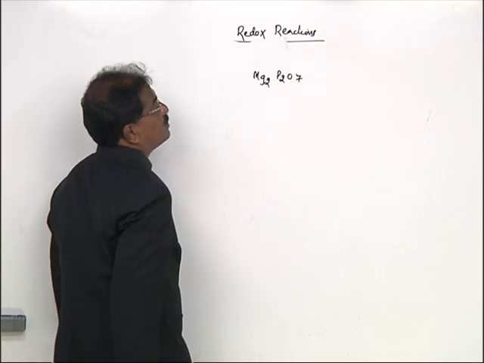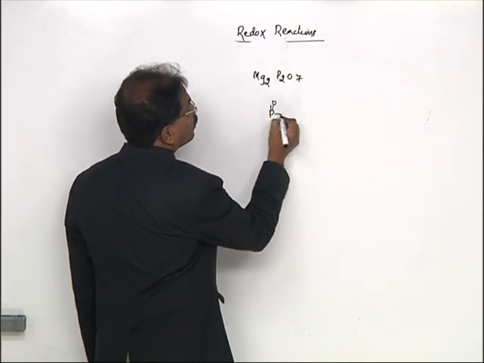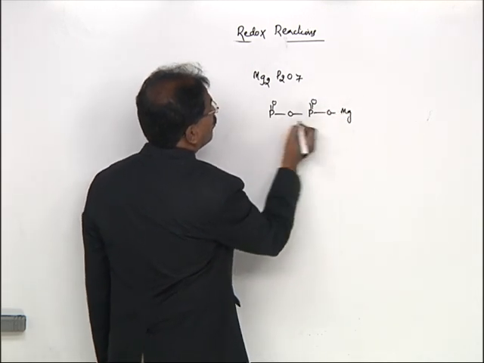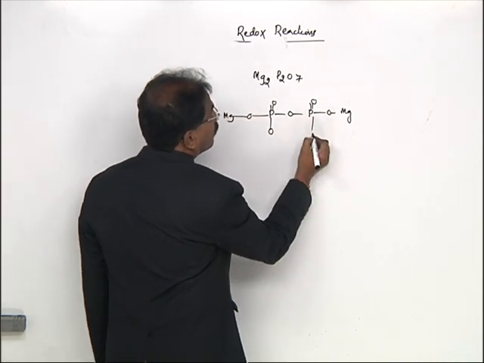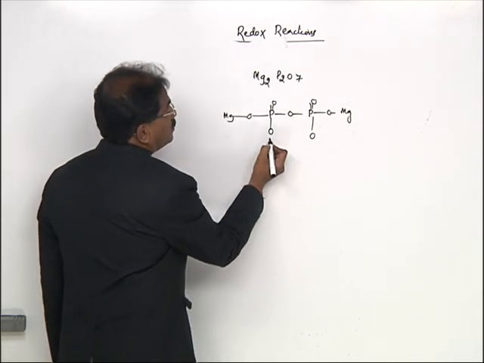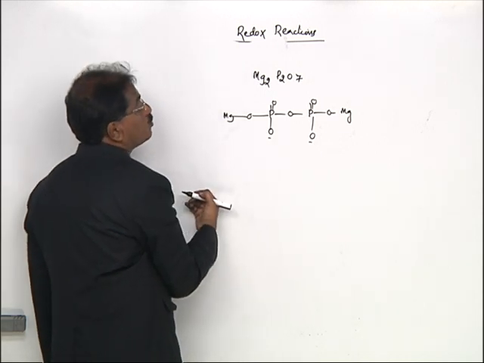First, represent the structure of Mg2P2O7. This is the structure of Mg2P2O7.